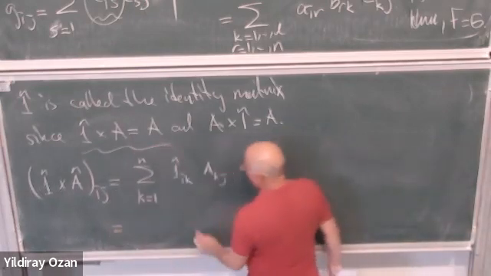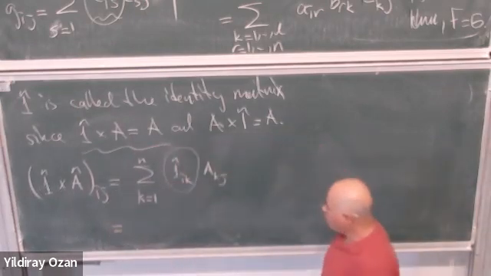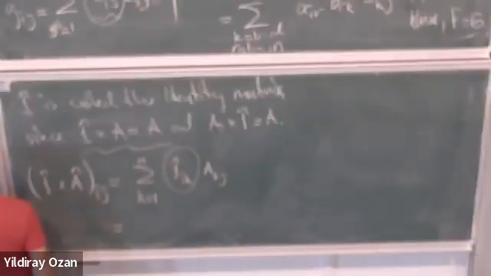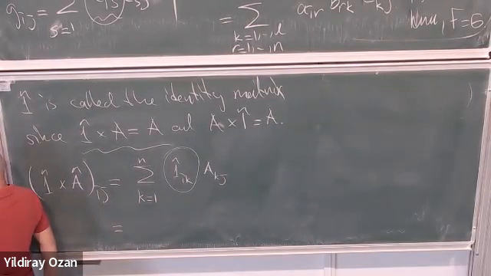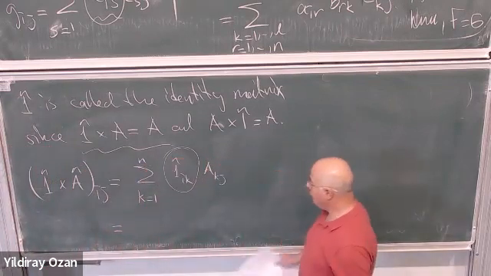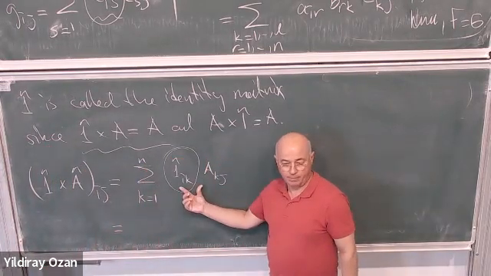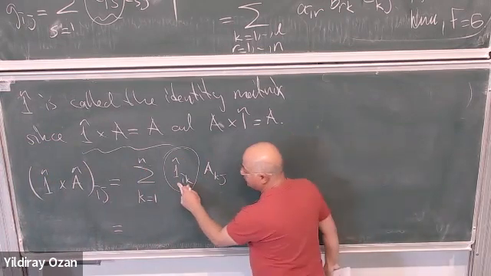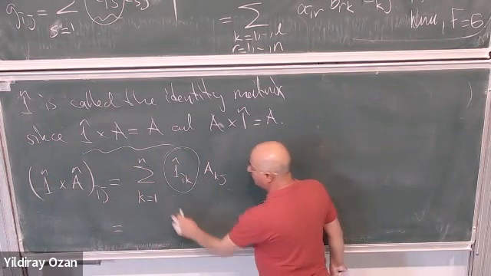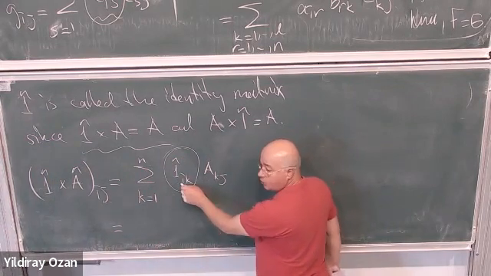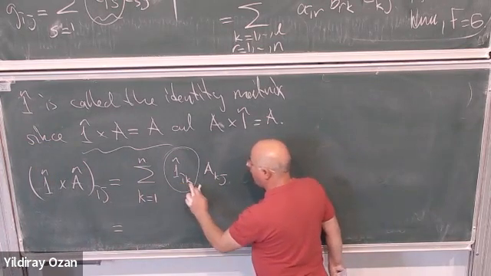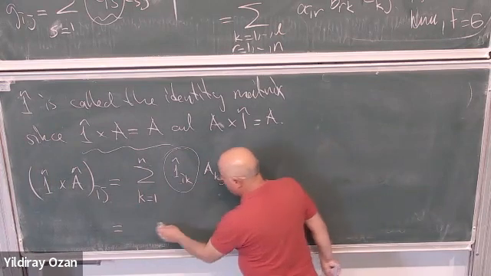However, what is the ik element of the identity matrix? It is either 1 or 0, and it is 1 exactly when these two indices are the same. So this is always 0, except for only one value of k. Which one is that? When k equals i, and when k equals i, it is just 1.